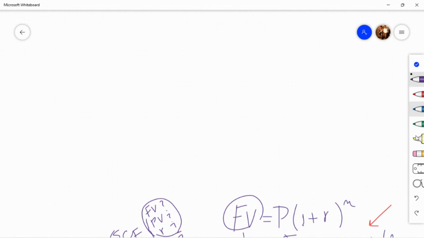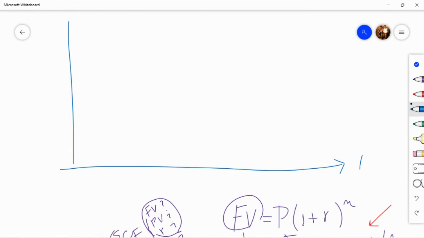For example, if the horizontal axis is quantity, and the vertical axis is the total revenue, right? Revenue. And there can be three patterns of growth.